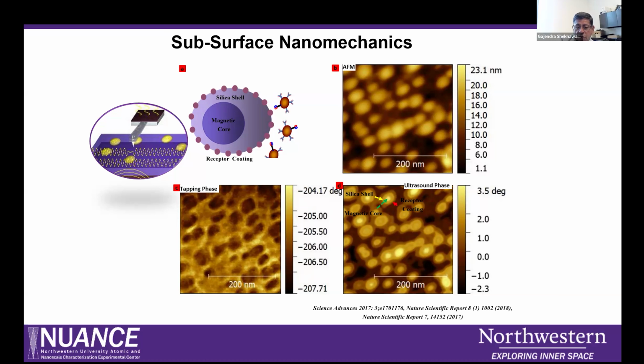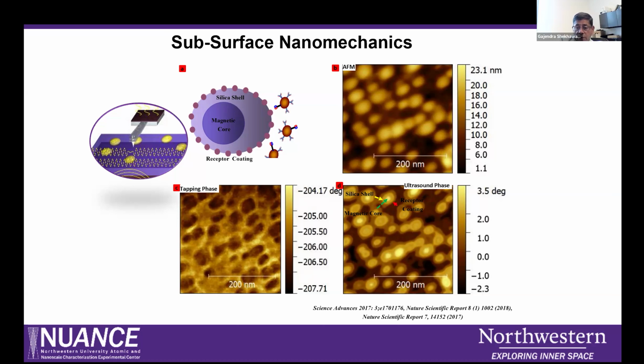Tapping mode means you just oscillate the probe at resonance and interact with the sample, you create a phase and amplitude image. So this is a typical phase image of tapping, but on the bottom right, you can see the ultrasound image where you can see the contrast coming from the different layers. The central one is basically the magnetic core. It is giving you high contrast because the magnetic core is pretty stiff.